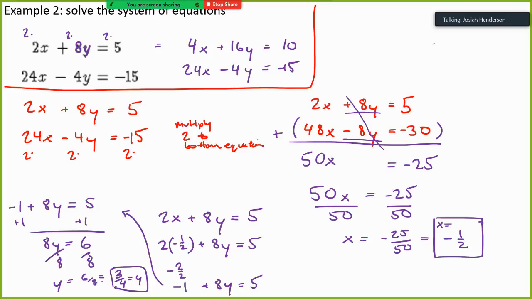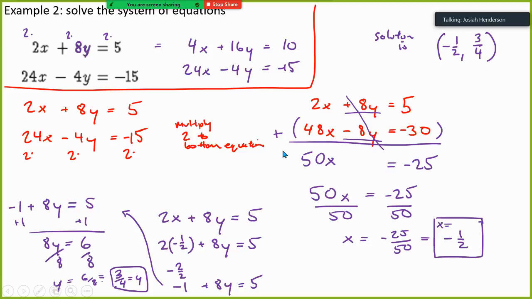All right, so at the very top of the screen, let's show our answer as a point solution. It is negative a half, comma, 3/4. And hey, you know what? Earlier this week, I was showing you guys Desmos. Really quick, let's check this out.